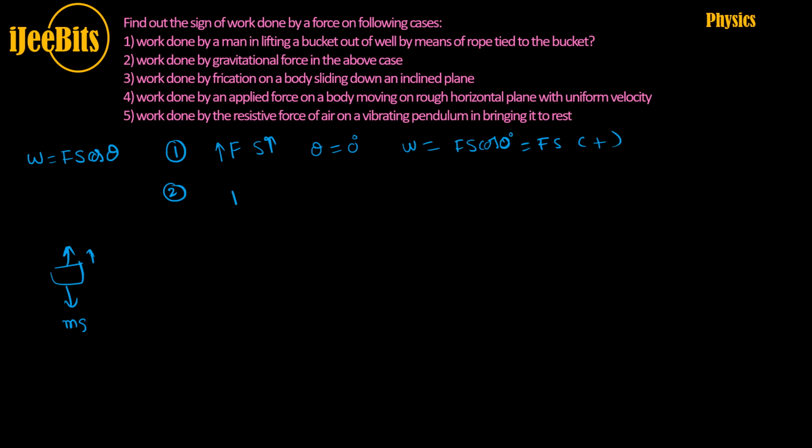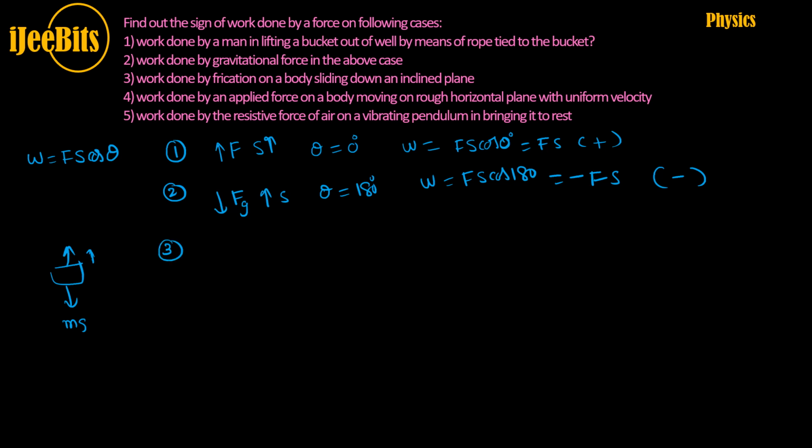In this case, gravitational force Fg is downward, displacement is upward, and hence theta would be 180 degrees. Right? So Fs cos 180, cos 180 value is minus 1, right? Minus Fs. So work done would be negative. Clear?